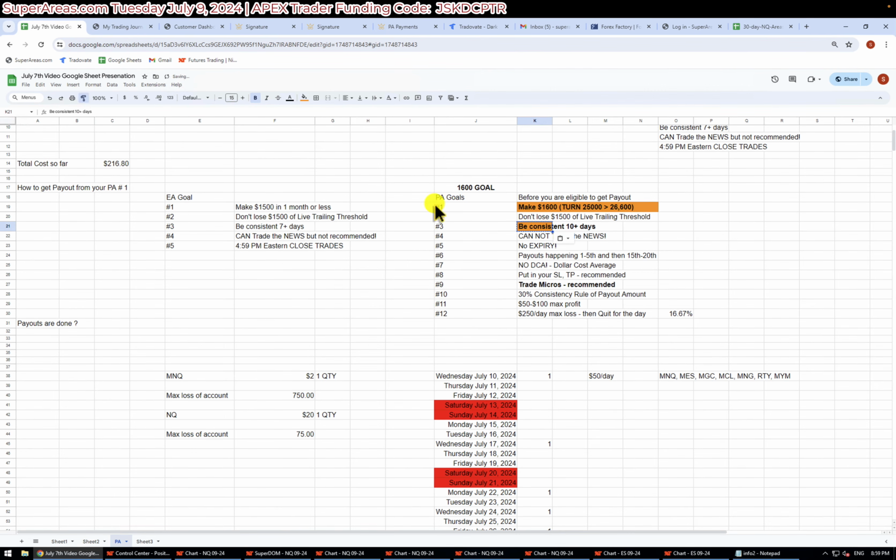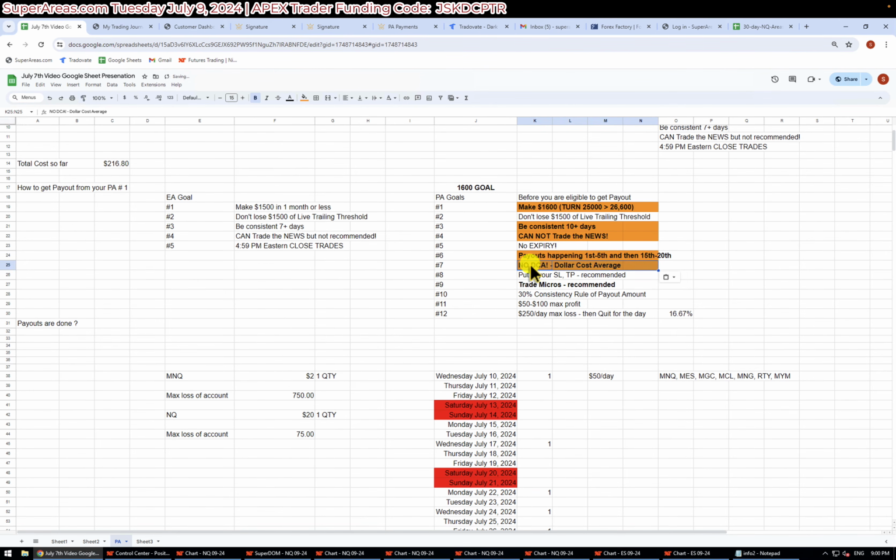Don't trade the news, that's an actual rule. What else? No expiry, that's not a rule, that's just something you should know. Payouts, of course, that's a rule, only happen on the 1st to 5th or the 15th to 20th. No dollar cost averaging, that is an actual rule.